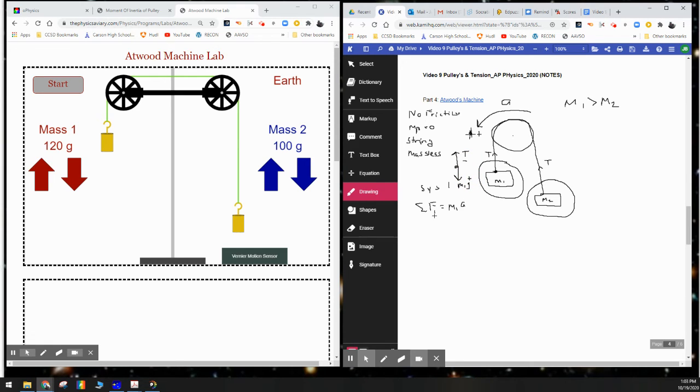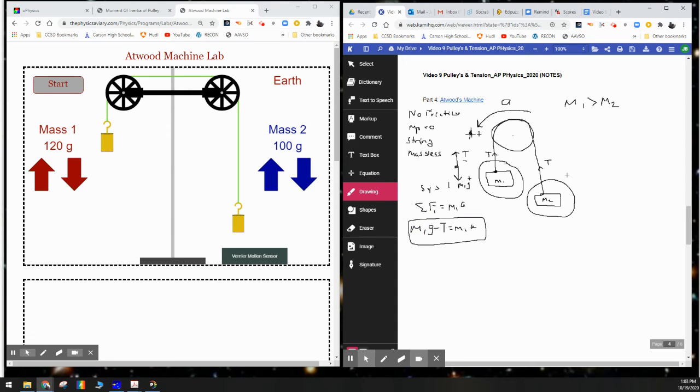So when I do my sum of the forces here, I'm going to have M1G minus tension equal to M1A. Now this tension is the same string, so that's why the T's are the same. That's about as far as I can go, so we're going to stop here on this side.